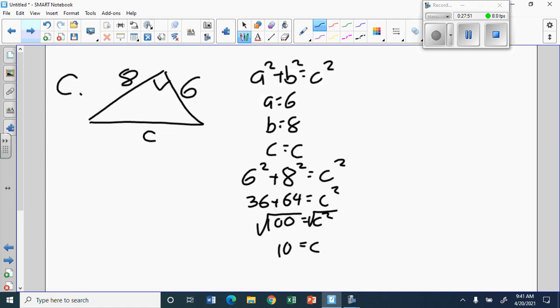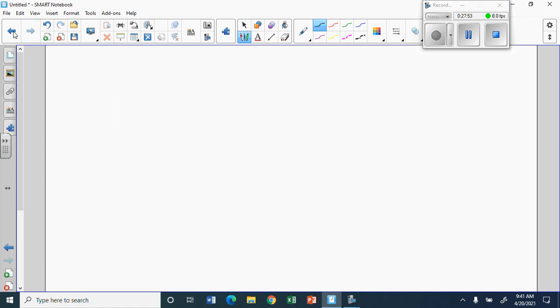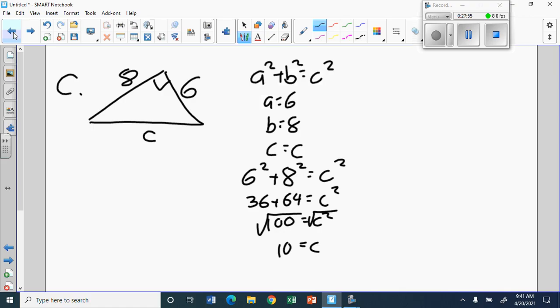So following the Pythagorean theorem, I got 10 was equal to C. What did the question ask for? The perimeter. And label? Pythagorean theorem. Make sense? Excellent. Have a seat.